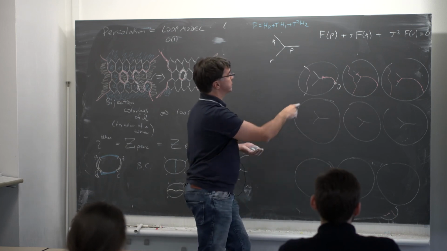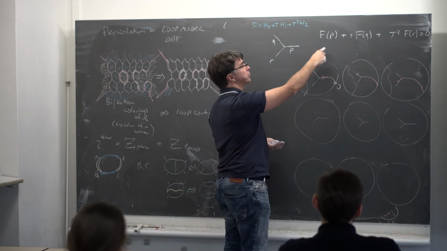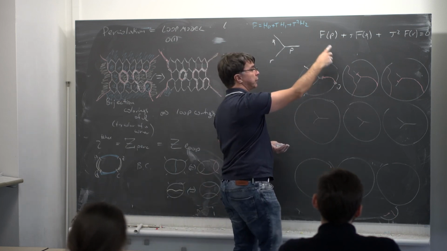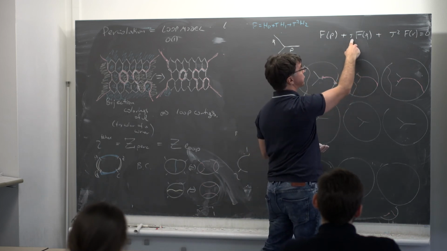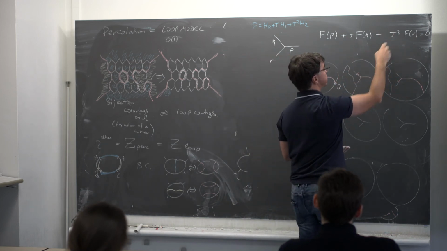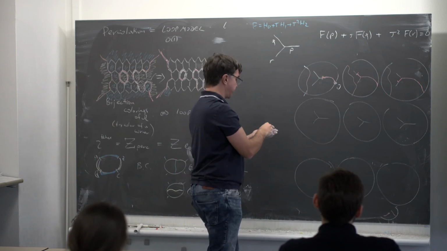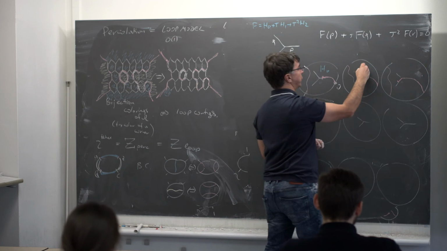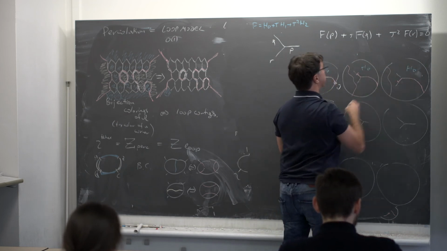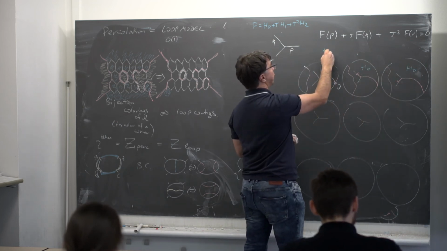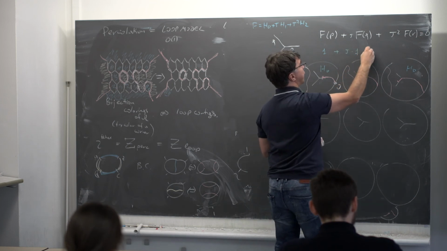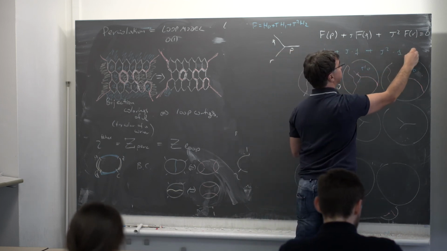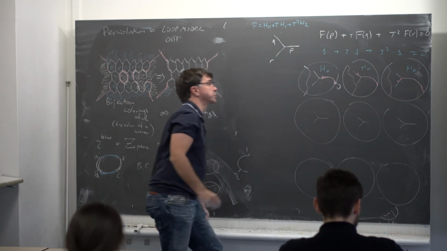So this picture contributes to this one, this picture contributes to this one with coefficient tau, this contributes to this one with coefficient tau squared, and they all three are h0. So basically the contributions are 1 plus tau plus tau squared times h0, which are the 3 cube roots of unity, so it sums to 0.